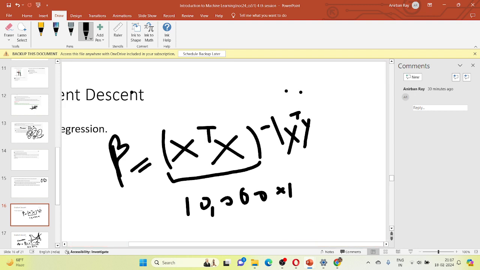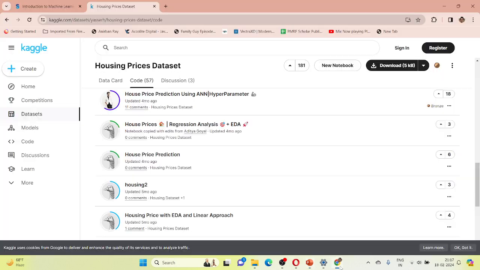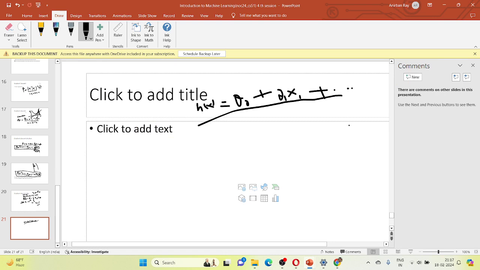You can solve it using the normal equation as well, and solve it by both techniques. Get the practice of this, and you can solve a logistic regression problem with gradient descent as well.